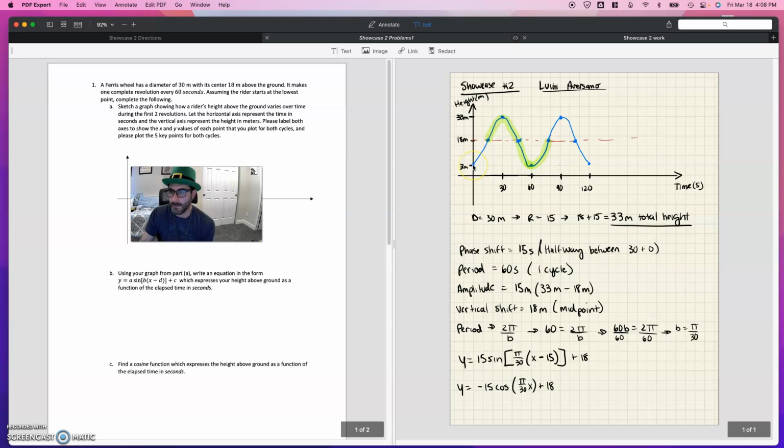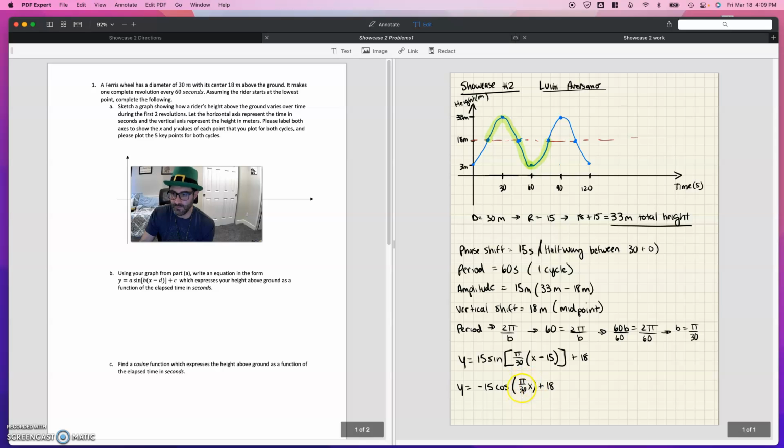So by purely just flipping it over the x-axis, just giving a minus sign out front to the sine graph, we'll be able to create our cosine function. And then, like I said, there's no phase shift in this part for a cosine graph. It's like a perfect cosine graph, right? So all we're doing is getting rid of that 15 seconds.